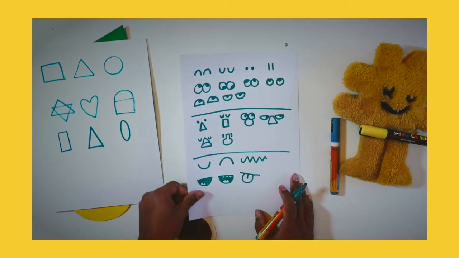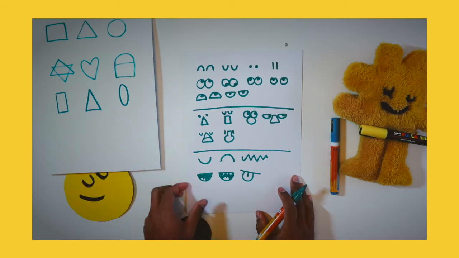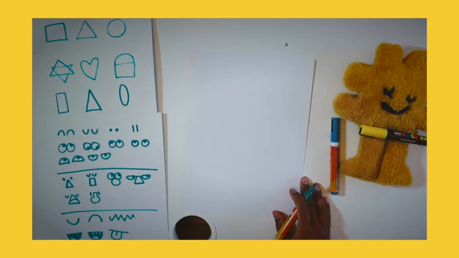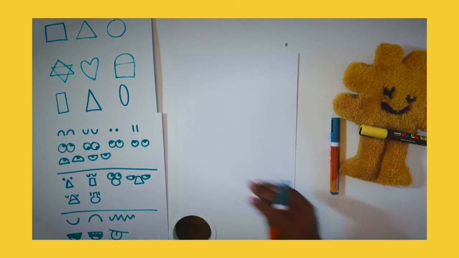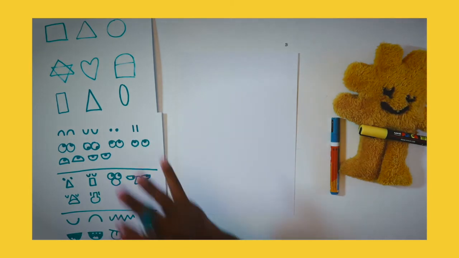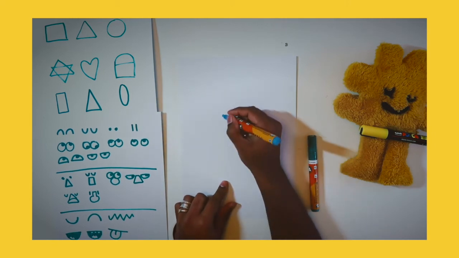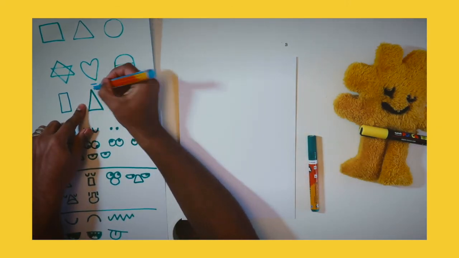All right, so now we have all these different body types, and we have all these different eyes, noses, and mouths. Now what we're going to do is choose a shape for his body, choose a shape for his eyes, choose a shape for his nose, and choose a shape for his mouth. I kind of like the heart shape, so let's go with the heart.